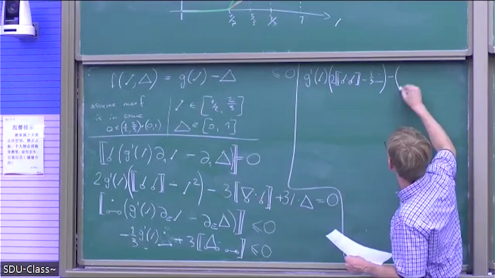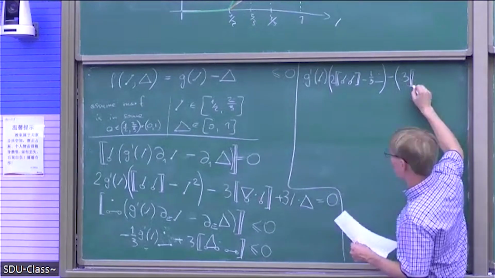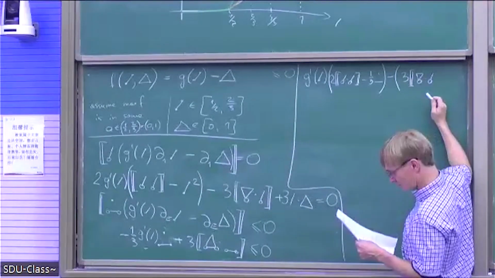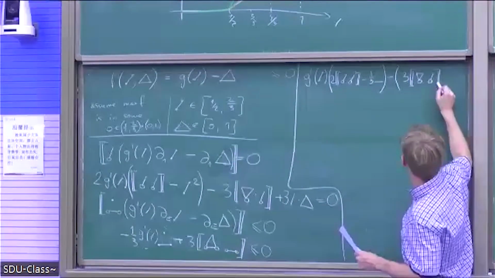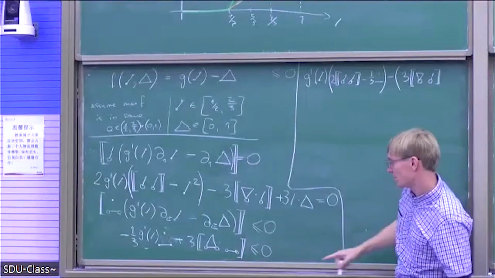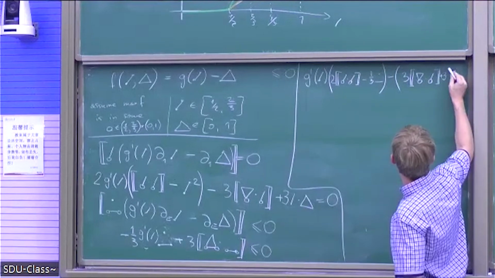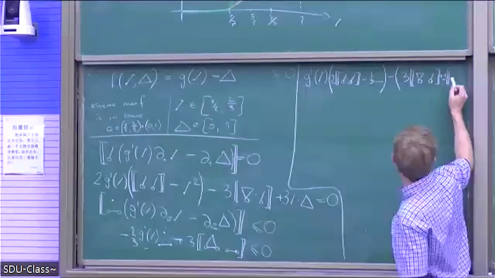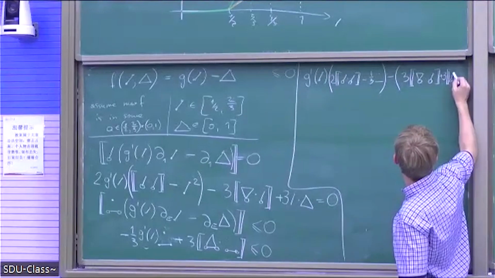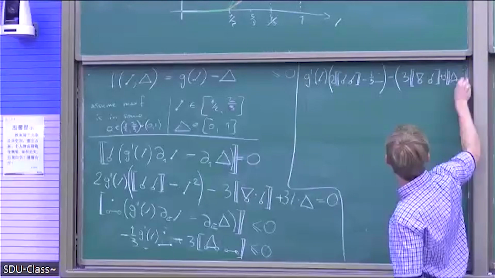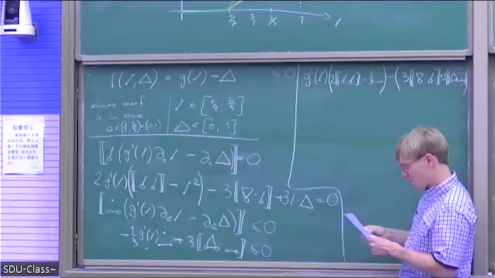Let me write it like this. 3 times this multiplication. And 3 times this multiplication. Okay.